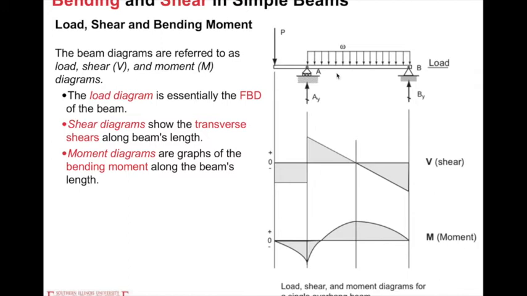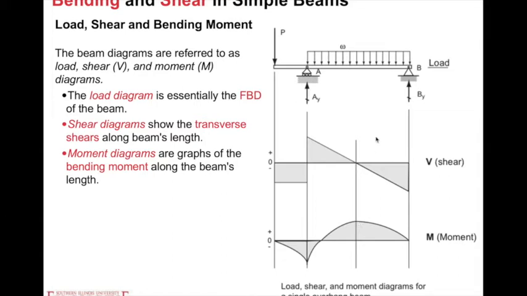These diagrams give us an intuitive, visual representation for each given cross cut or section cut. For example, at this point, the shear, in the shear diagram, is 0, and the moment is the maximum, the positive maximum.